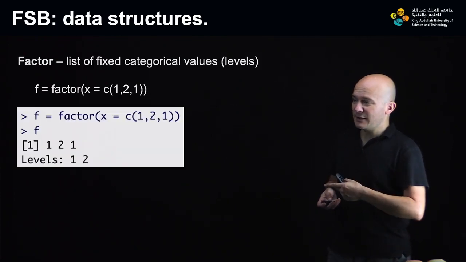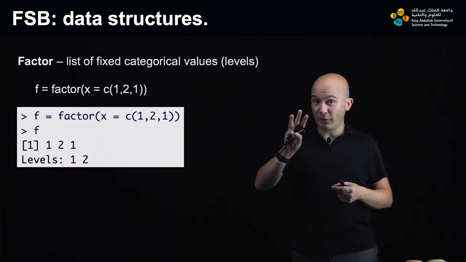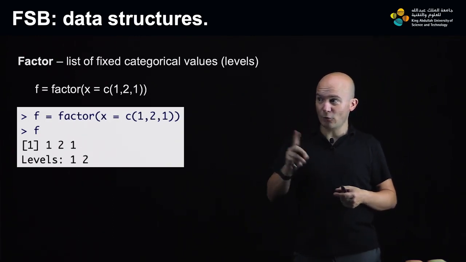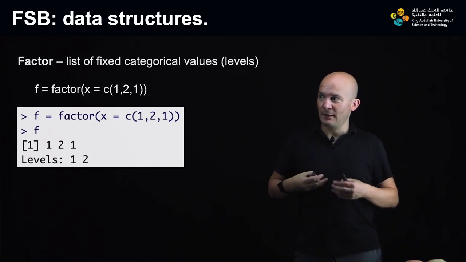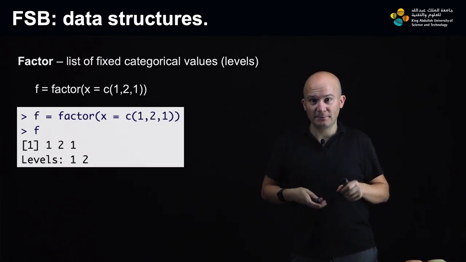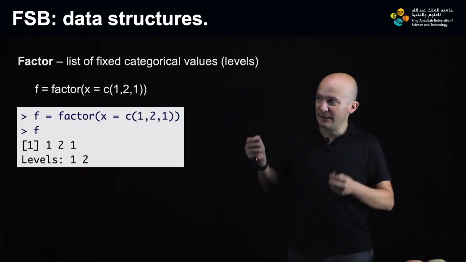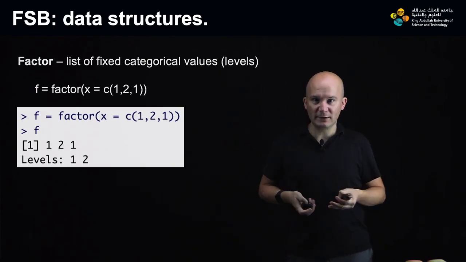In this case, we generated a factor derived from a vector. The vector contains 3 values, 1, 2, and 1. The factor will contain those 3 values, but will associate the values to 2 levels. That's the important thing, that now f is a factor that contains 2 levels.